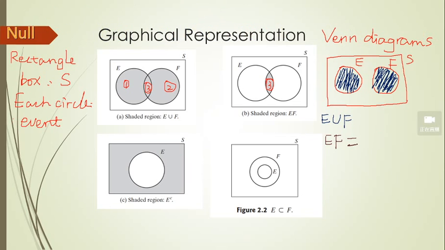How can we represent the null event? It's the same notation as the empty set.